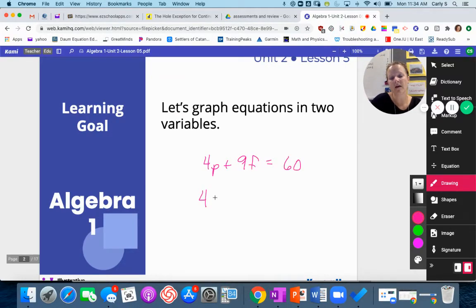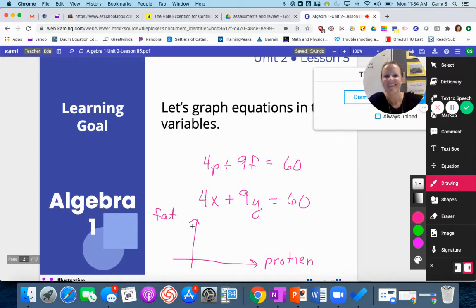And as we went on, the curriculum started to replace it with x and y, which was foreshadowing the fact that we are going to graph the x-axis and the y-axis, where the x-axis is the protein axis because it's x, and the y-axis is the fat axis because it's y. That sounds terrible, doesn't it?